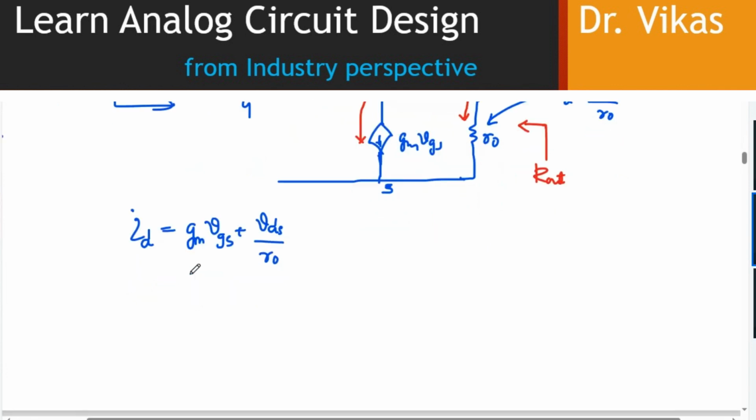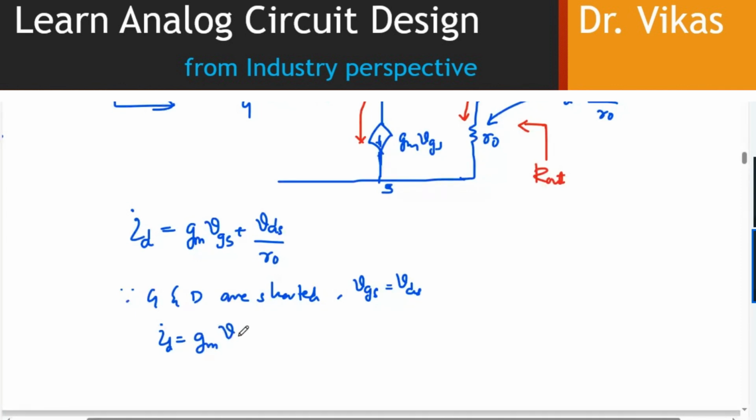Now, because G and D are shorted, that means VGS is equal to VDS. So therefore, my ID would now look like Gm times VDS plus VDS upon R naught.